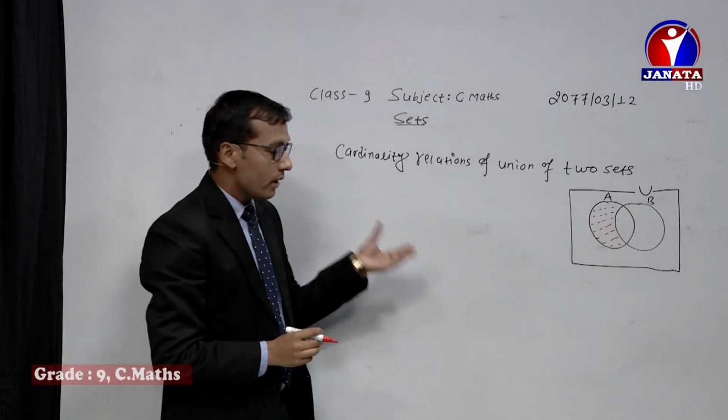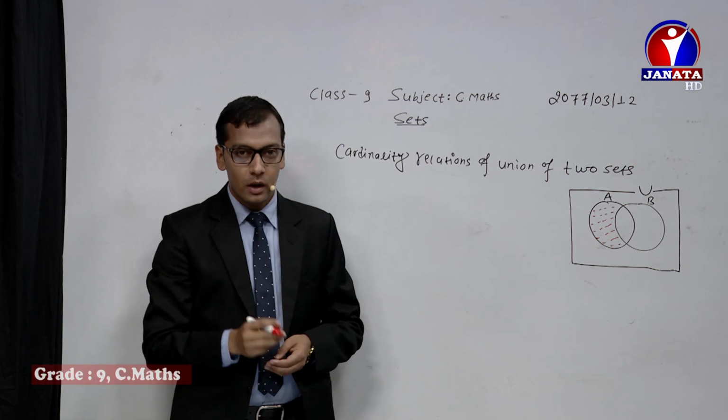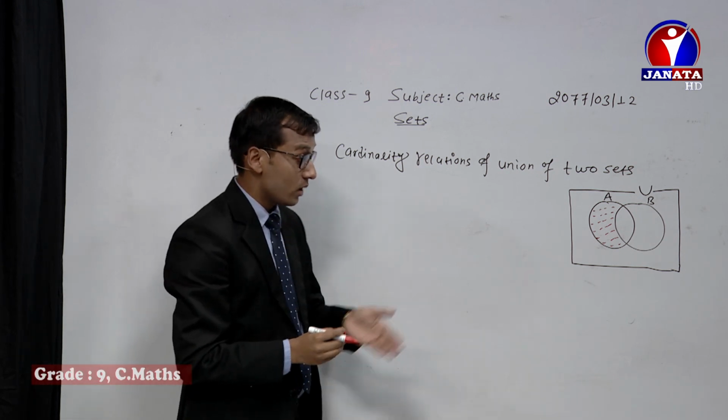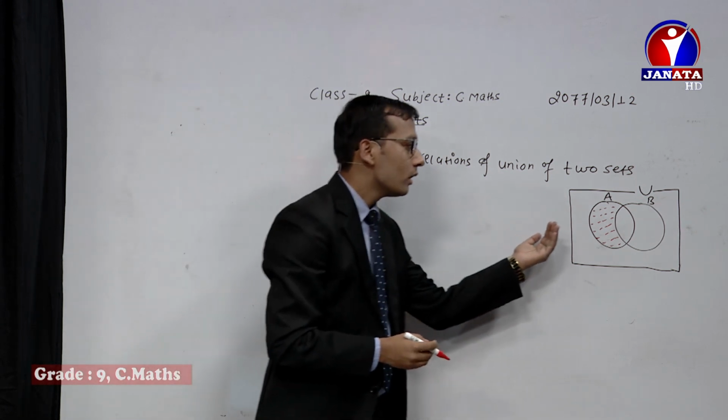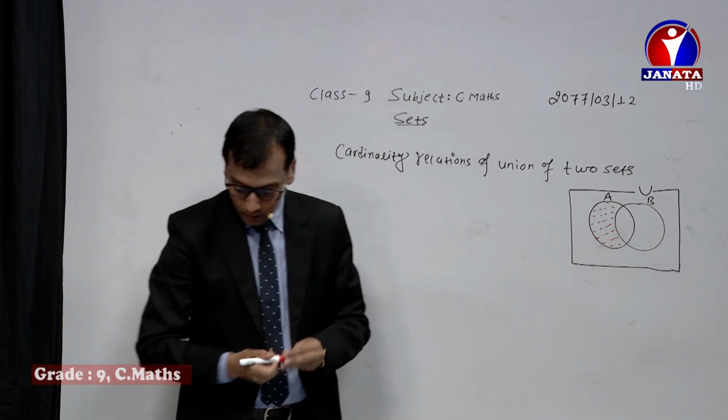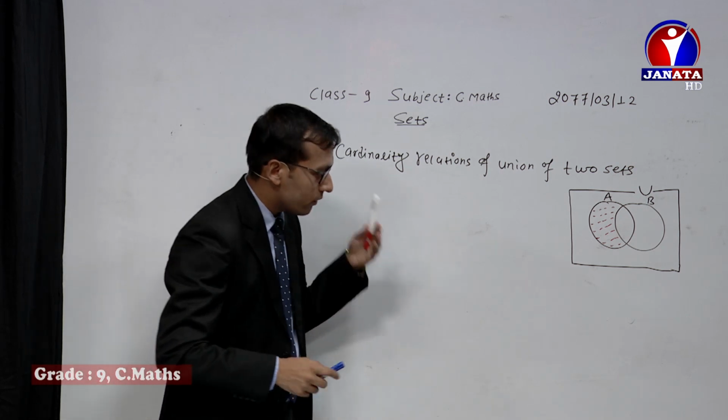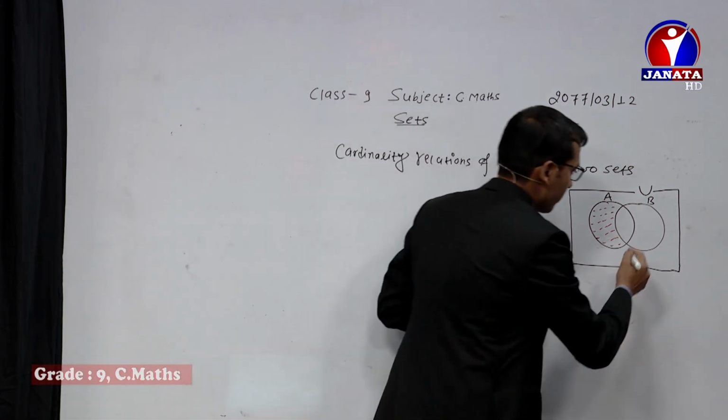The red colored region represents A difference B, or n of A difference B. This is called n only A. Similarly, let me color the different regions with different colors.